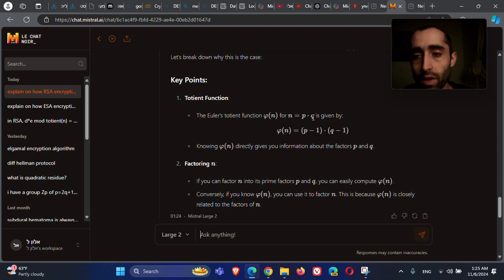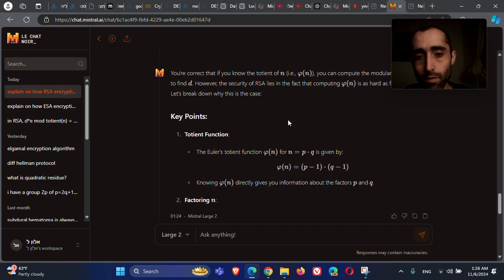Without knowing P and Q, it's very hard to calculate totient of n. And this is why it's hard for the attacker: even though he knows n and e, he has a hard time calculating d, the inverse of e, because it's hard to factor the number n.